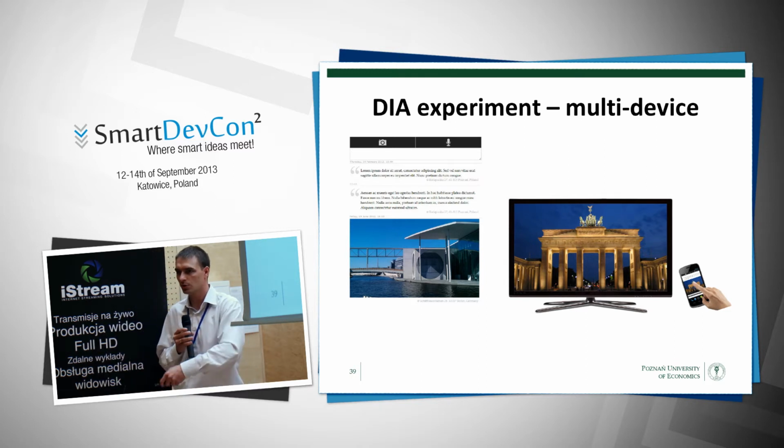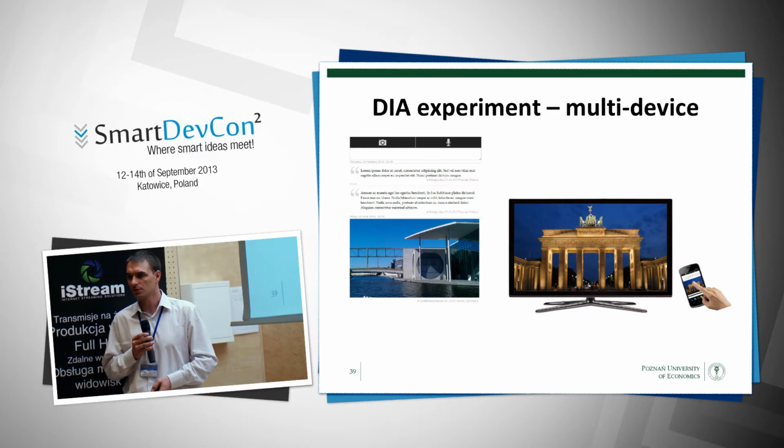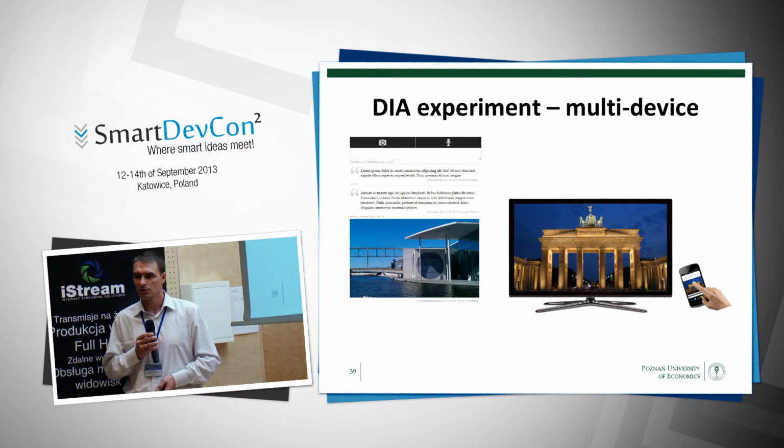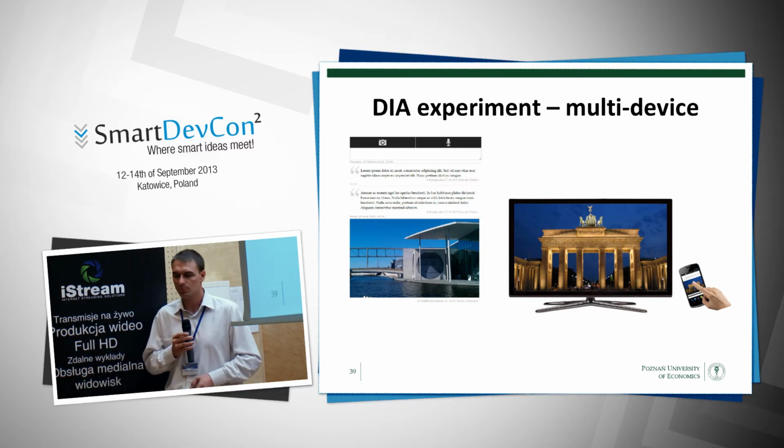For example, you come to your friend's house and you want to show him some of your photos. You can simply select his TV as the output of your application and simply show your photos on the big screen, not on your small screen of the smartphone. So it is already possible.